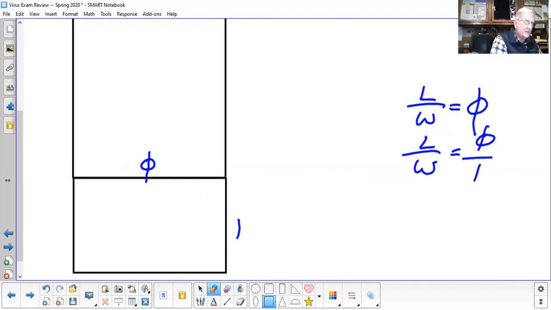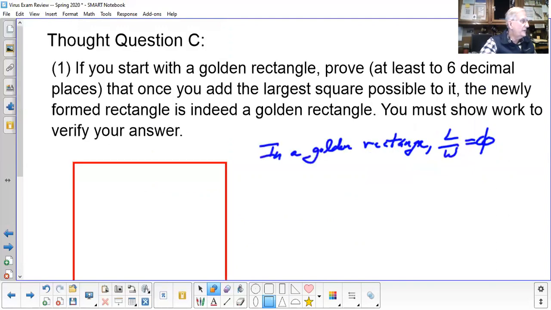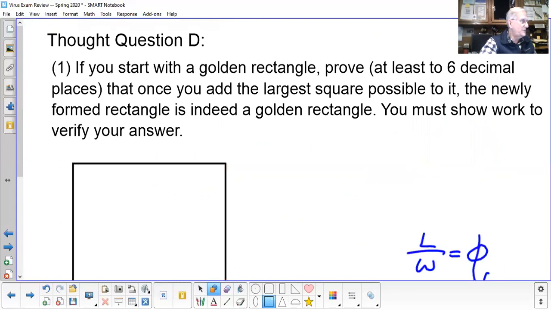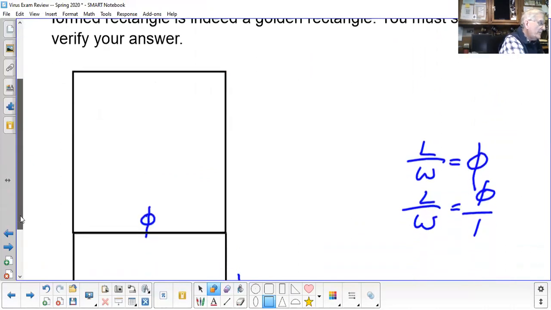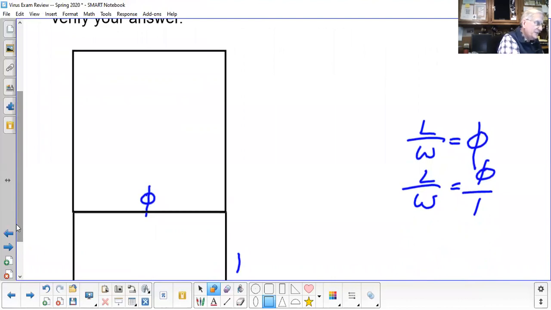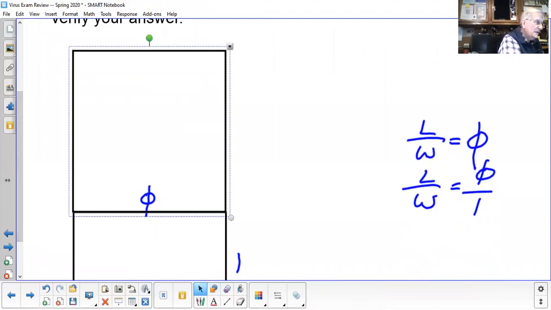There, I've added a square. Now let me see if I can make it move over just a little bit. Oop, I didn't mean to change pages. Okay, let's go back here. Let me try to move it over just a little bit. There, that looks better. All right.